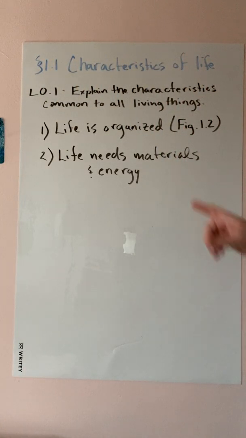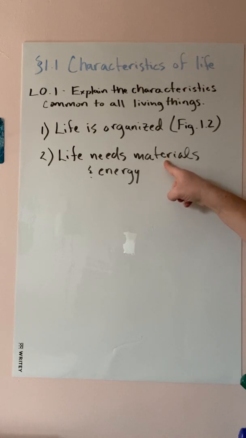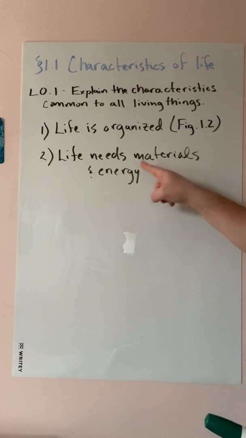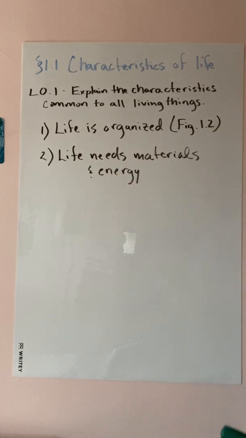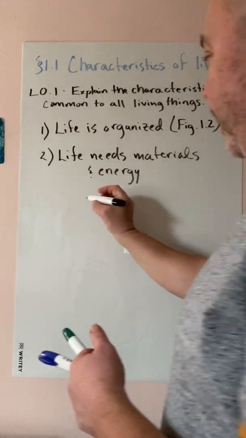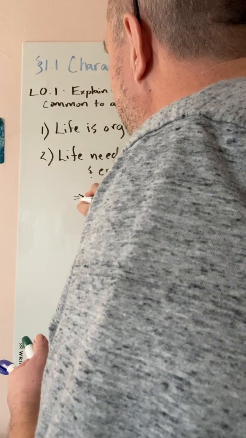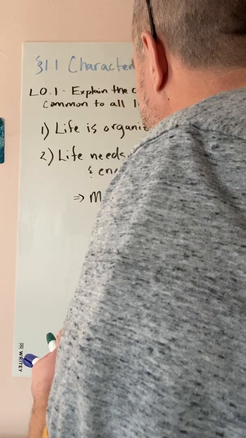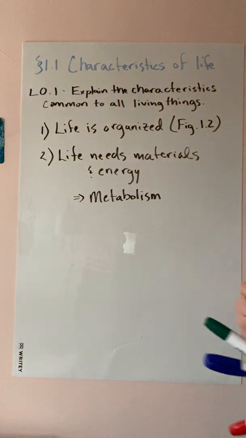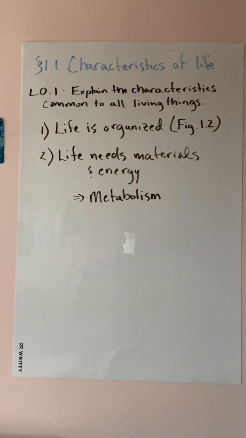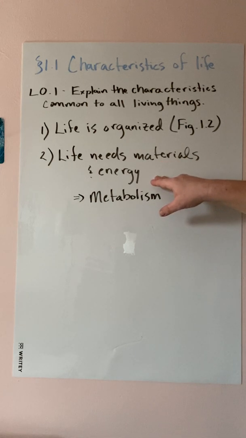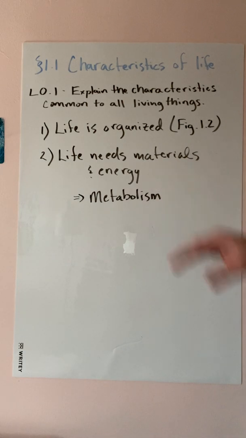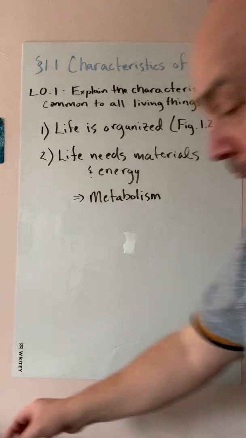Basically what it's saying is we need building blocks, materials that we can put together using energy, and all of these will be comprised in what is called our metabolism. Your metabolism is the collection of all of the equations that put materials together using energy in order to build our organism.